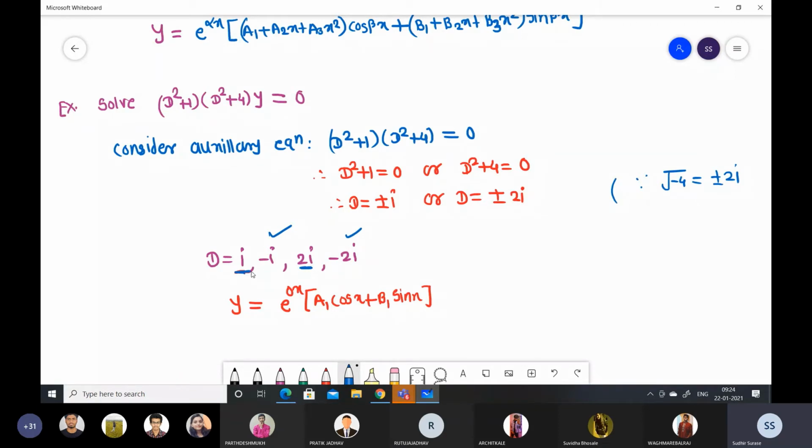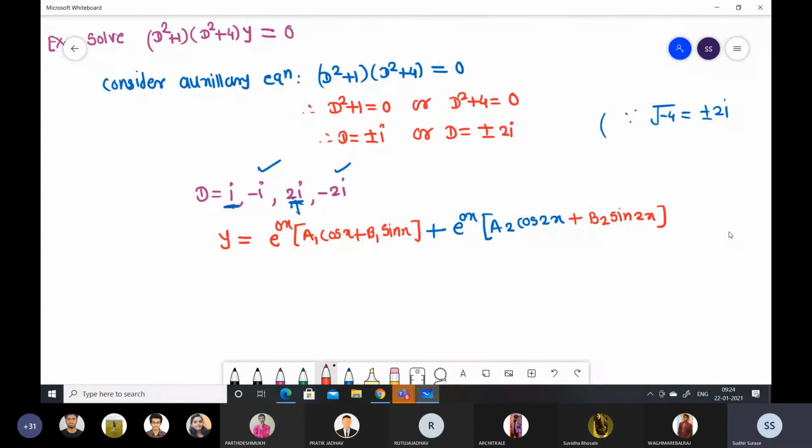Corresponding to 2i, the real part is 0 again and the imaginary part is 2. So plus e to the power 0x in bracket a2 cos 2x, because this time beta is 2, plus b2 sin 2x. This is the solution of the given differential equation.